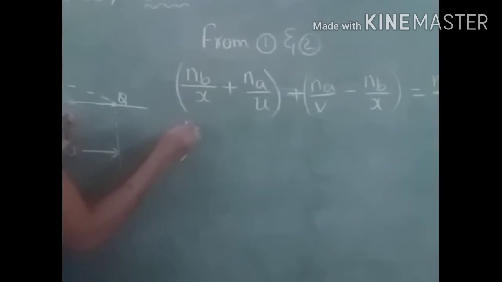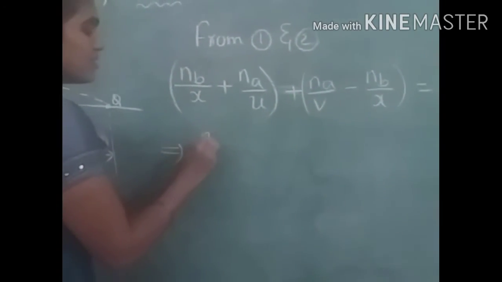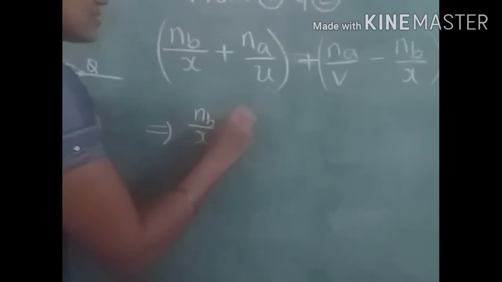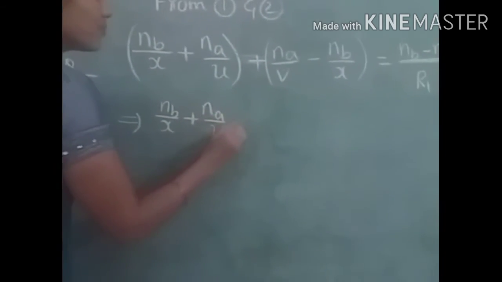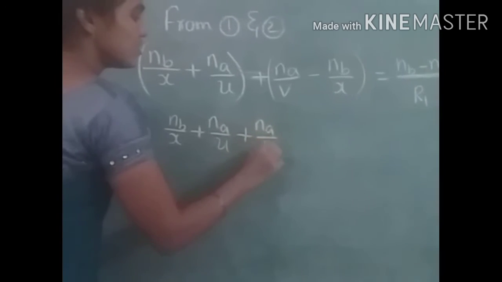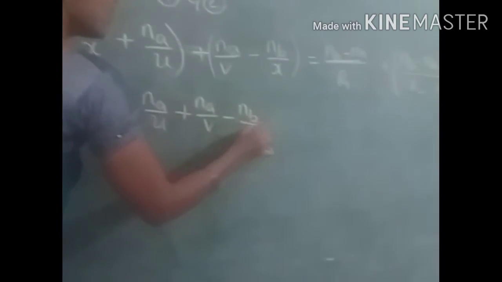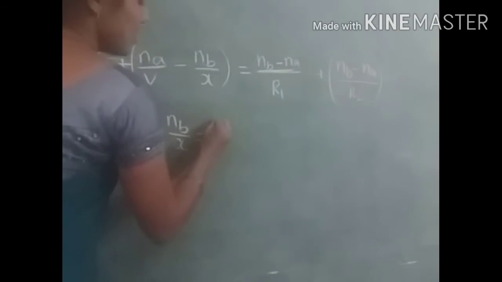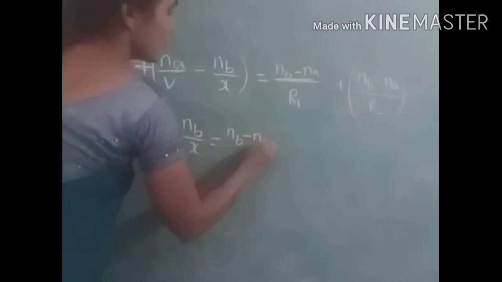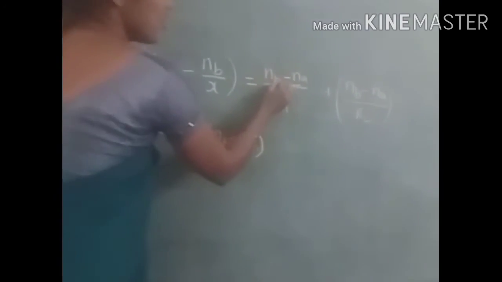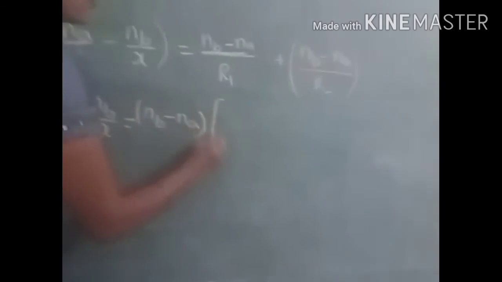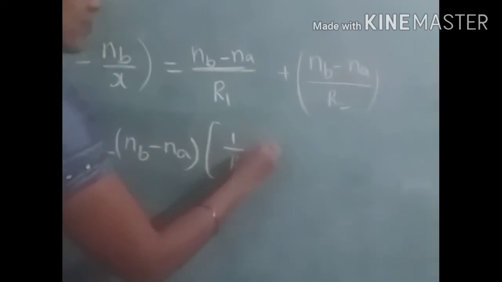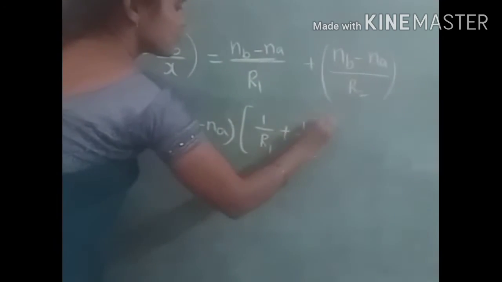Here this plus NB by X plus NA by U plus NA by V minus NB by X is equal to, from these two terms if we take NB minus NA as common, then we get 1 by R1 plus 1 by R2.